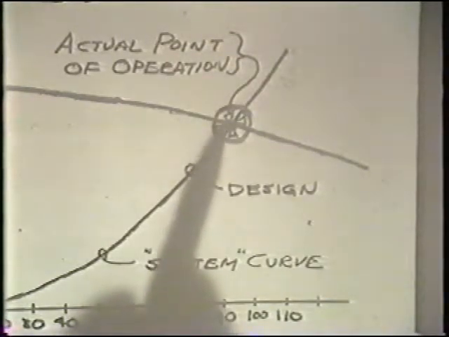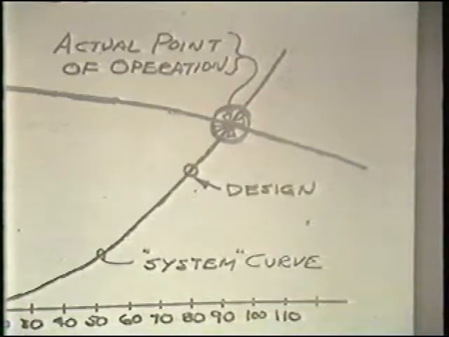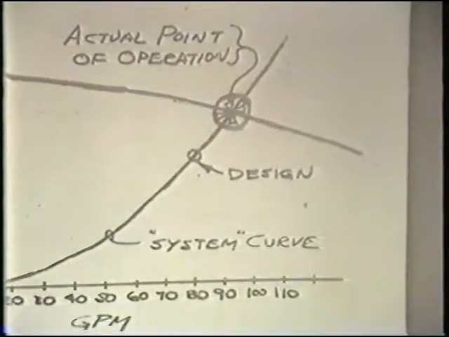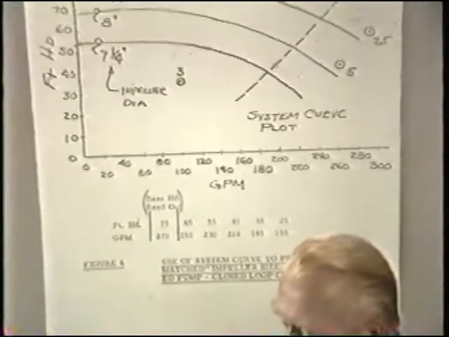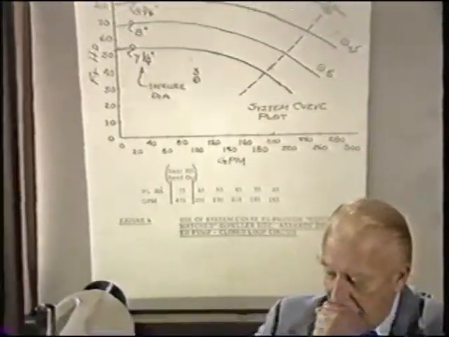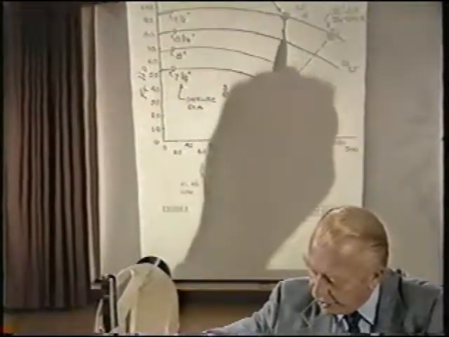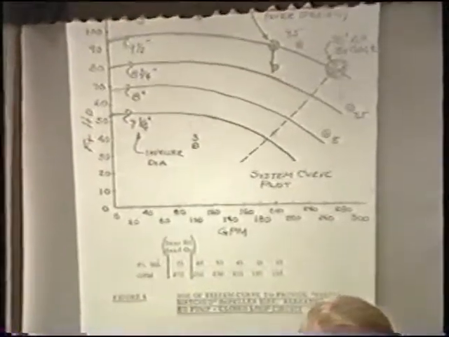Now, this knowledge can be used for determination of the impeller size required for a particular pump on a particular piping system. For example, supposing that we have an already installed pump, and that pump, specified for a design flow rate at this point, is actually pumping much farther out on the curve.